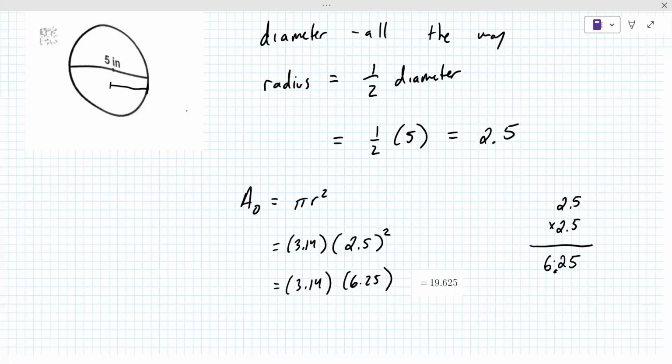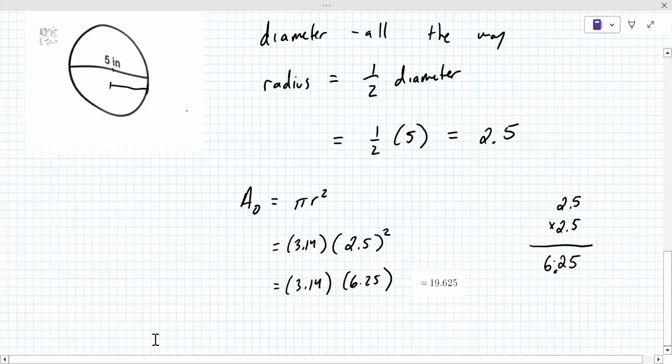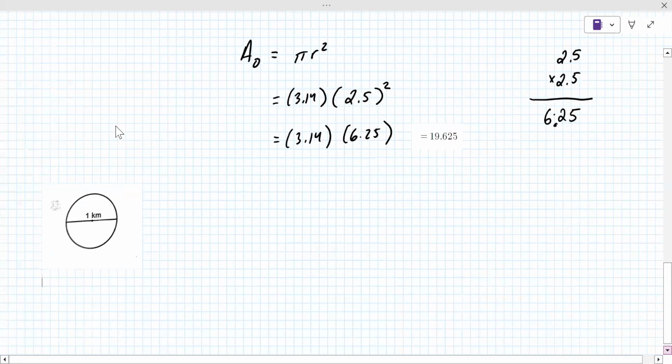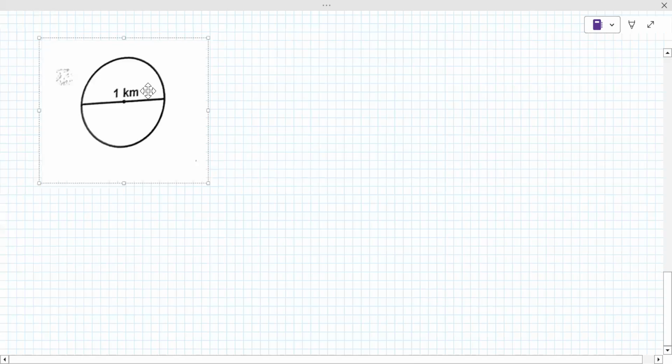Next problem here is, ooh, boy, you got a bunch of tough ones here. So let's do the next one. Maybe one more, and then we should switch to the other page. All right, so again, the diameter goes all the way across.